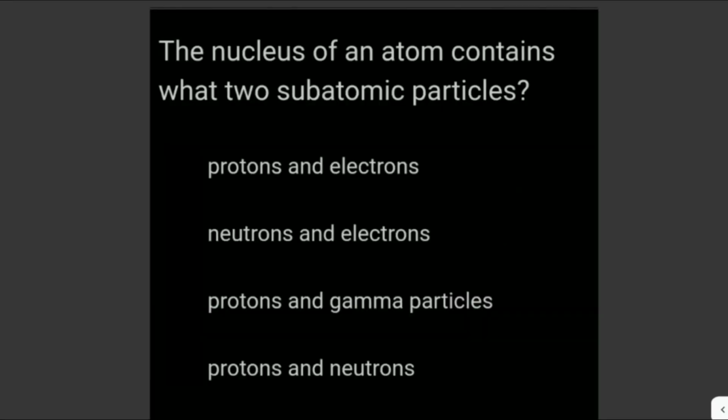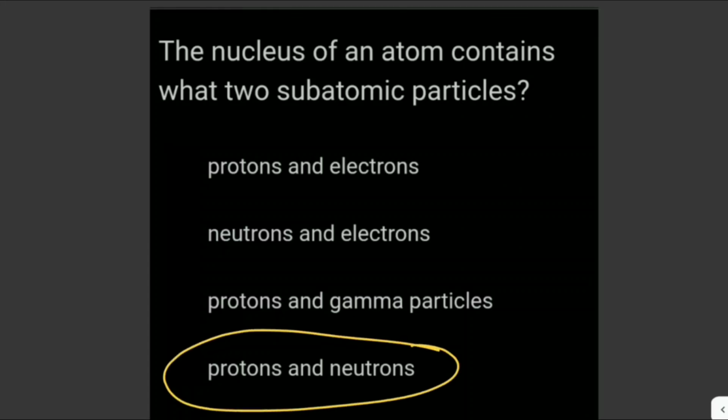The nucleus of an atom contains what two subatomic particles? An atom's nucleus is made up of protons and neutrons, and the electrons are not found within the nucleus. So the answer here is this one, protons and neutrons.